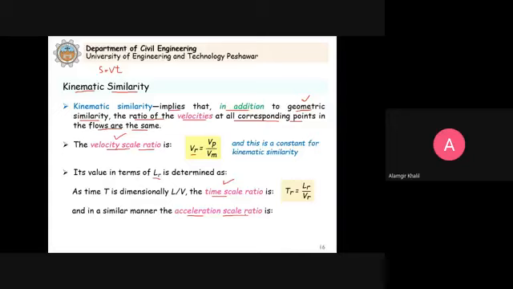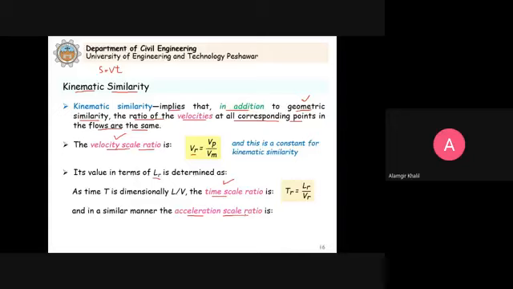So it will be asked that if the time taken by the fluid in the model is this much, how much time will be taken by the fluid in the prototype. If the acceleration of the fluid is this much in the prototype, what can be the acceleration in the model, and vice versa. So these scale ratios will help us when we analyze the problems.